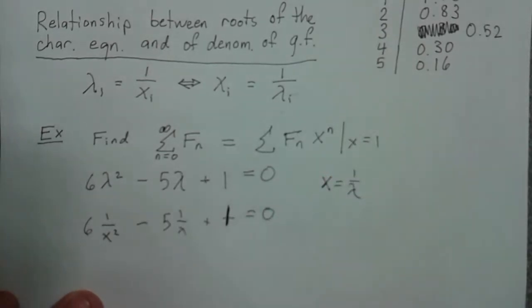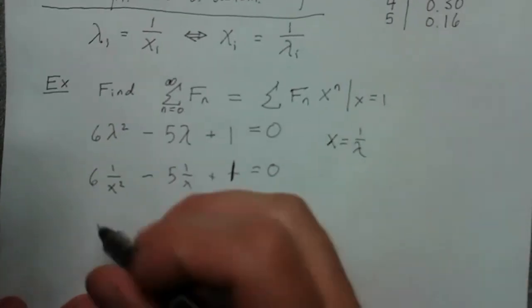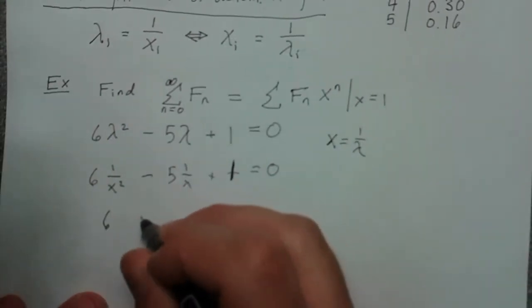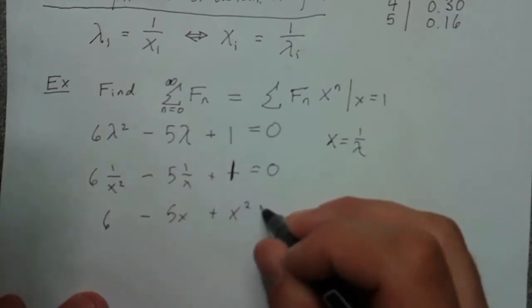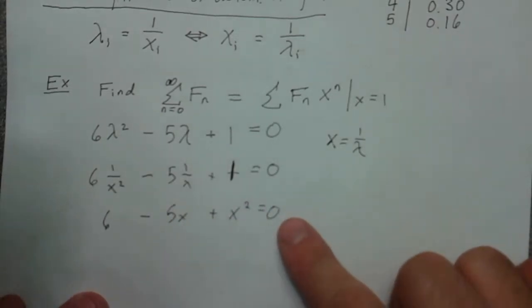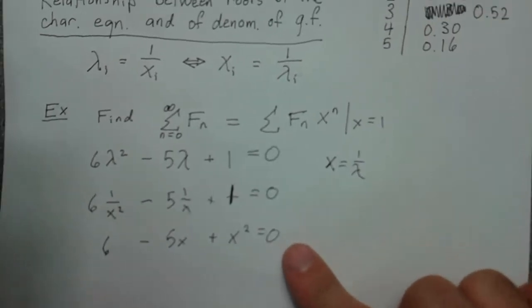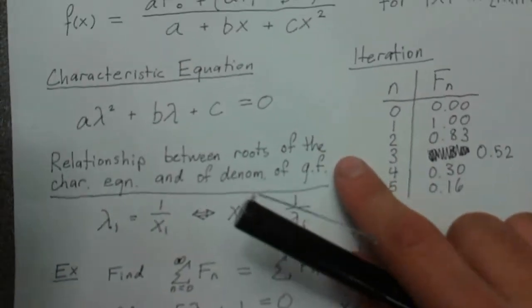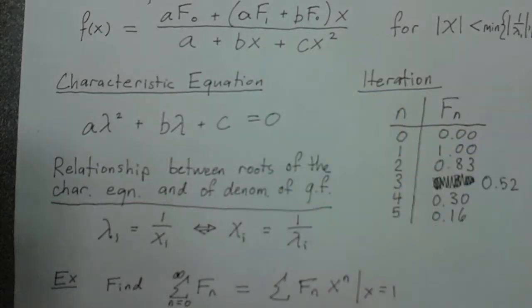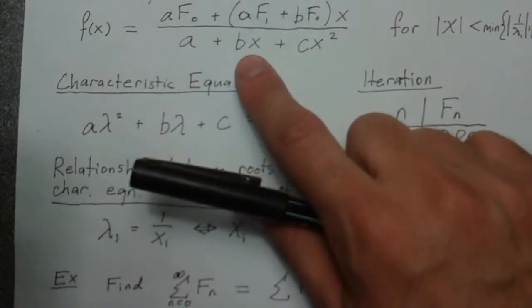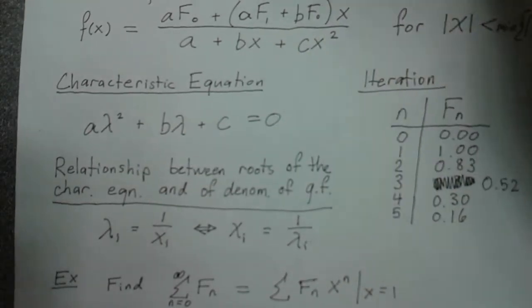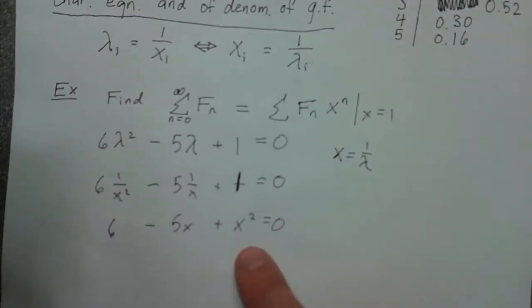And then what you can do is multiply both sides by x squared, and you just get 6 minus 5x plus x squared is equal to 0. And of course this is the same as the denominator of the generating function here. You've got your a is 6, b is minus 5, and c is 1. So that's what you have here.